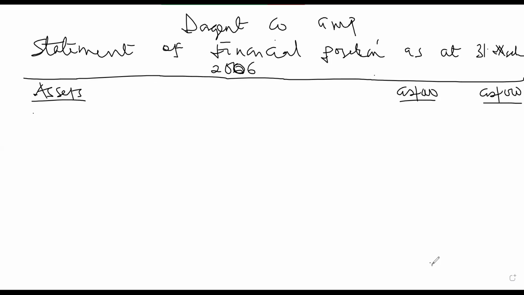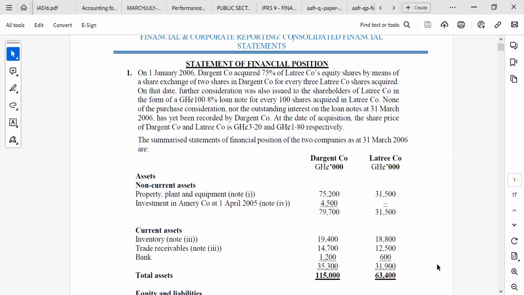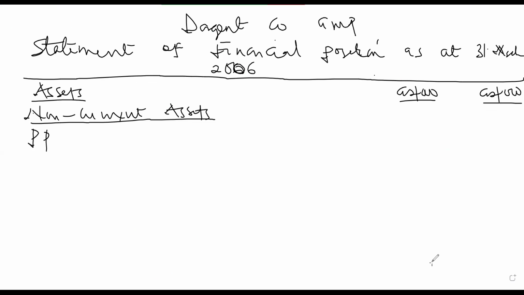The first one that will come will be non-current assets. What is the first non-current asset? PPE, property, plant, and equipment. What are their figures?